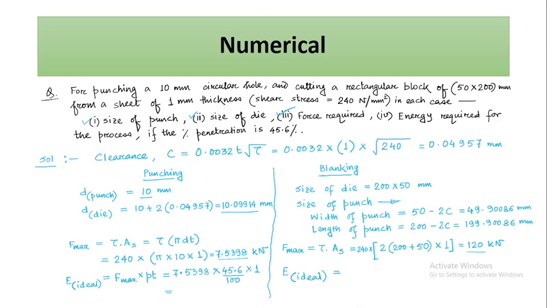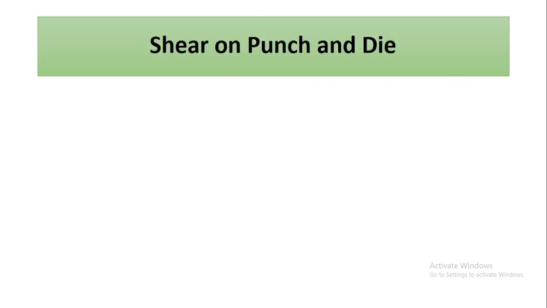Okay, now we are moving to the next portion. Next part is the shear on punch. Till our last portion we discussed the maximum force required for the punching or the blanking operation.